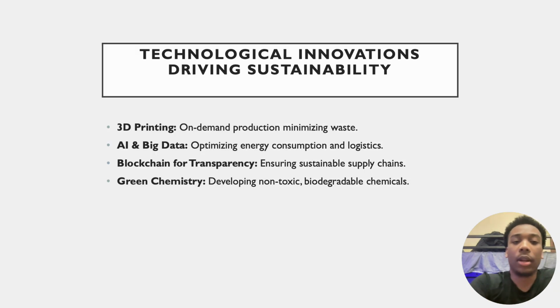And then here's some more technology that's innovating the idea of sustainability. You have 3D printing, AI, blockchains, and green chemistry. So 3D printing is actually really big because it creates less waste than traditional machining or something, because a lot of other manufacturing techniques are subtractive, right?